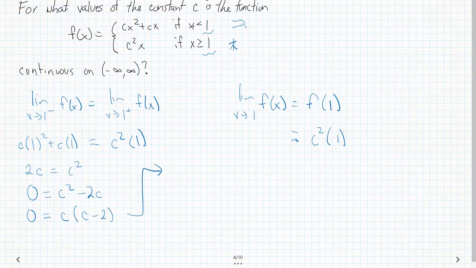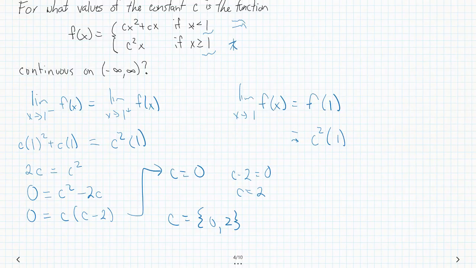That means c equals 0, and c minus 2 equals 0, so c equals 2 is your other factor. So your solutions are c equals 0 and 2, and that's going to also work for this limit. When c equals 0 or c equals 2, you get this limit as x approaches 1 to exist.